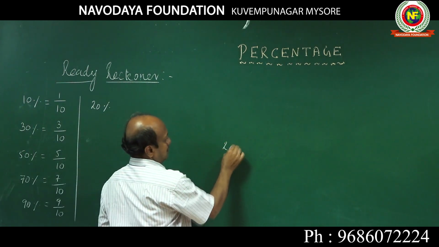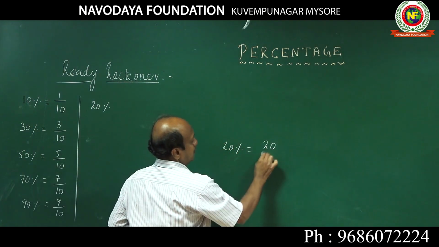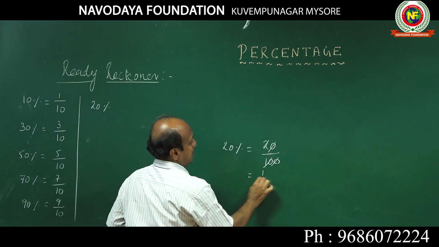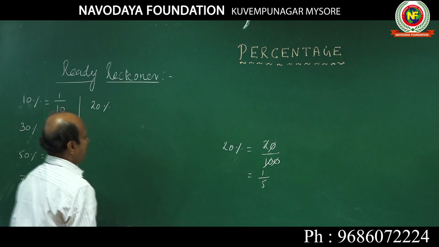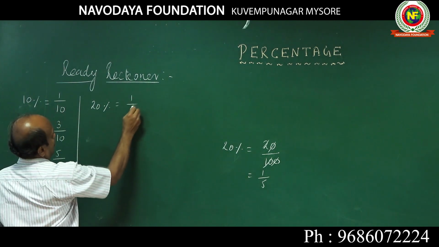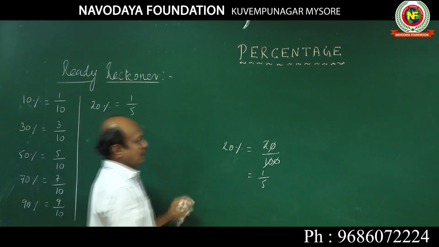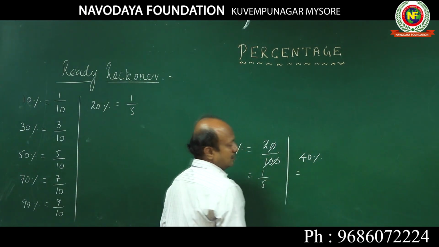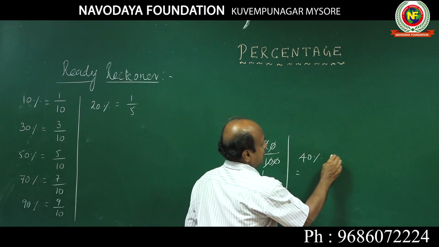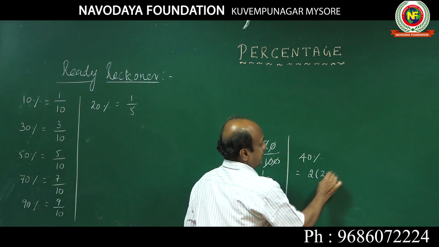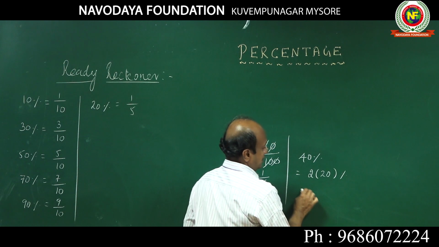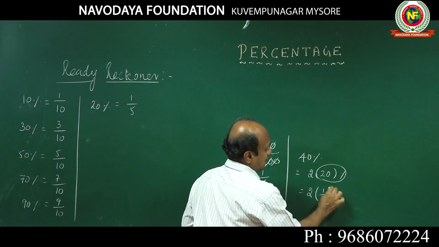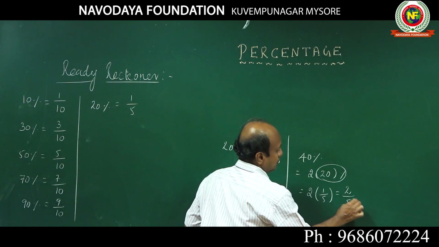The second ready reckoner, look at this, 20%. 20% is equal to 20 by 100, that is nothing but 1 by 5. 20% is equal to 1 by 5. Look at the next, 40%. When you go for 40%, do not go for 40 by 100. Convert it as 2 into 20%. 20% is nothing but 1 by 5. Therefore, it is equivalent to 2 by 5.